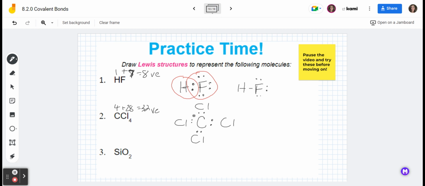So we have 8 surrounding. Right now, carbon is good. Now we have 24 more to go. So 2, 4, 6, 8, 10, 12, 14, 16, 18.